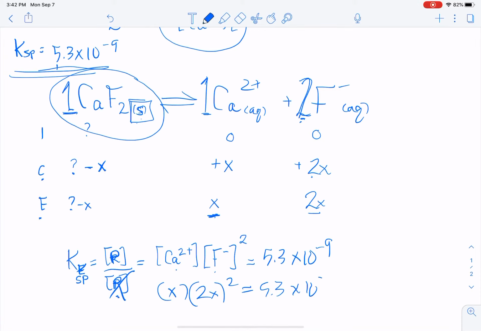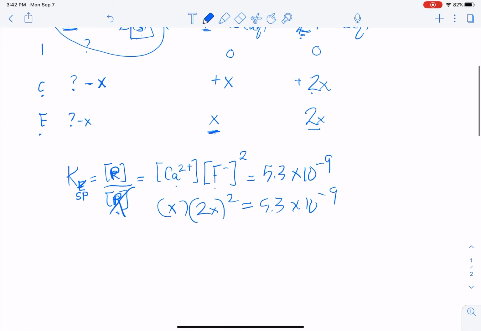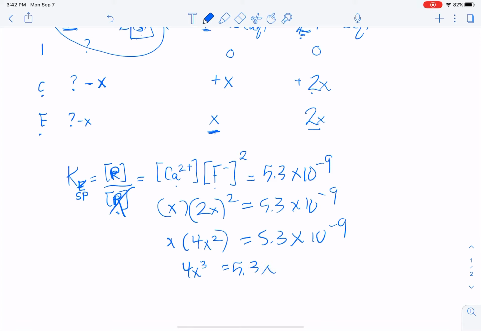5.3 times 10 to the negative 9. And then we just have to solve for x, which sometimes is really simple and sometimes isn't. So in this case, it's in between, actually. So let's see, 5.3 exponent negative 9, and I just want to divide by 4.